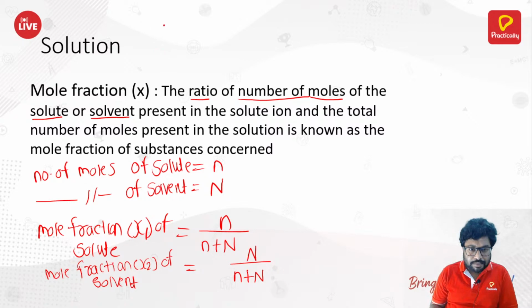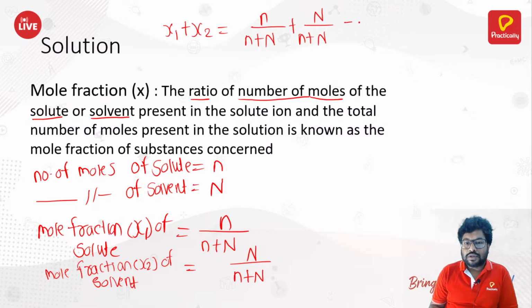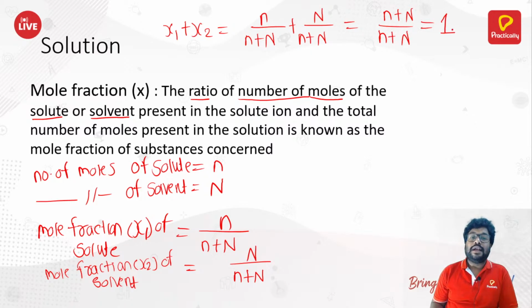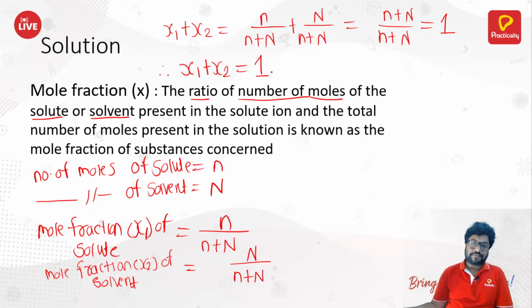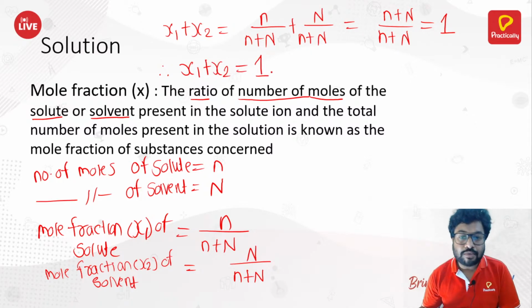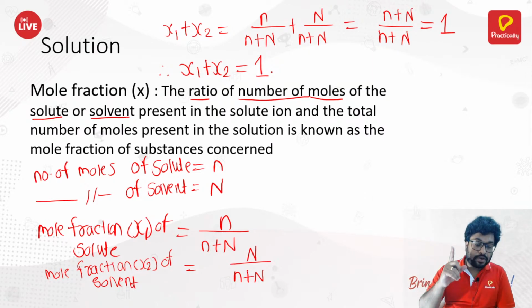If you're taking the addition of phi 1 plus phi 2, you can see that n divided by small n plus capital N, plus capital N divided by small n plus capital N. So this total becomes n plus N divided by n plus N, and that is equal to 1. And therefore, the mole fraction of solute plus the mole fraction of solvent will always be equal to 1.